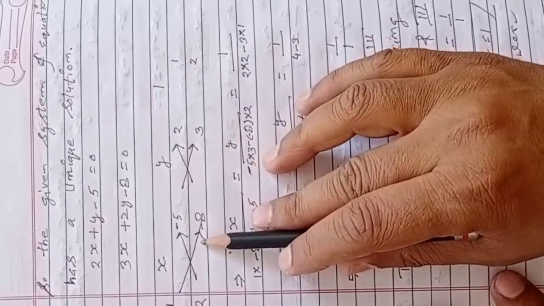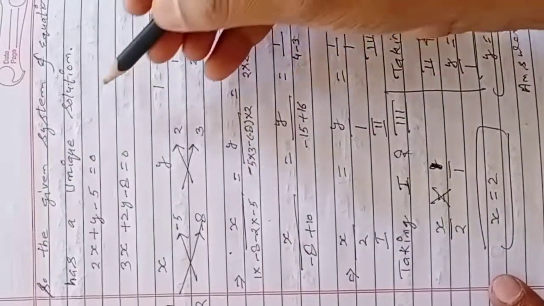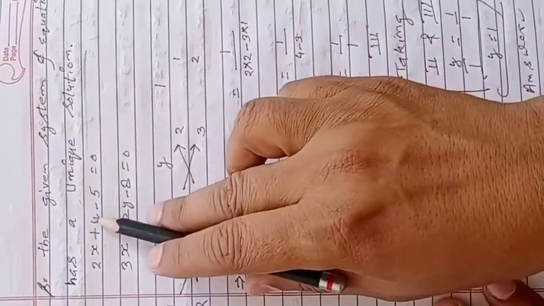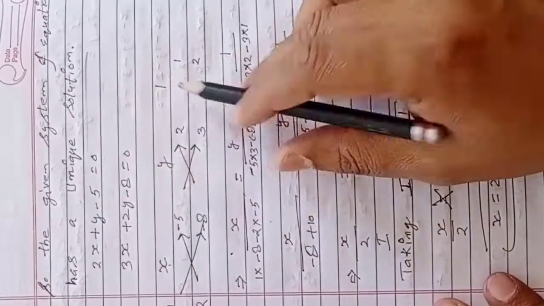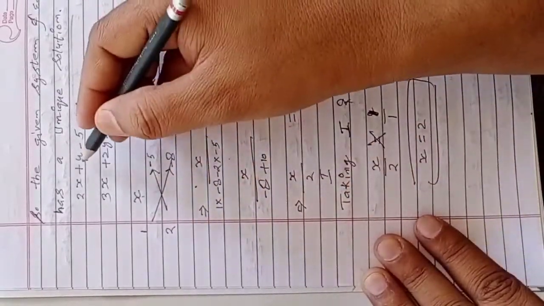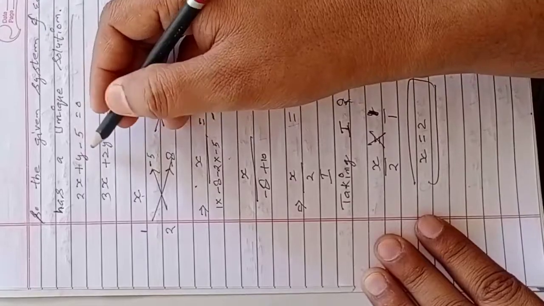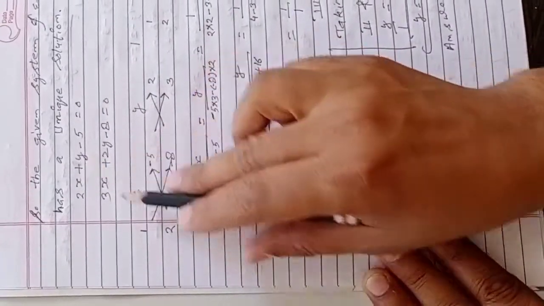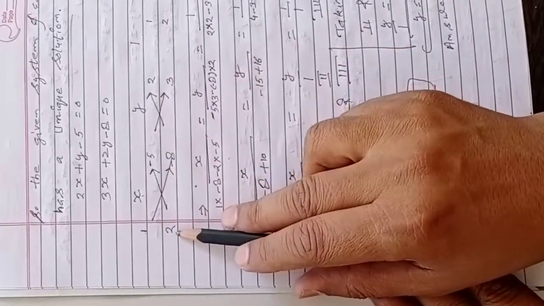Now we will do this by cross multiplication. Whenever we are solving linear equations by cross multiplication, we have to write like this: x, y, 1 with a margin distance. We start from the coefficient of y. First of all we write both coefficients of y here: 1 and 2.